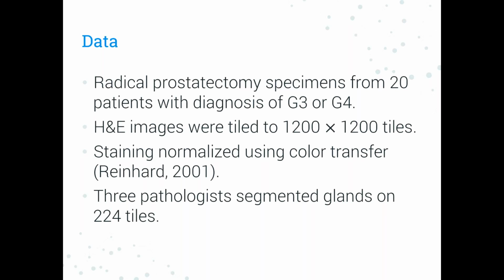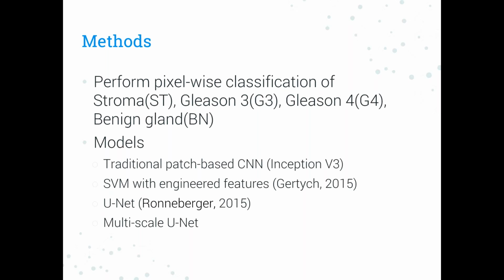Some are understained. On a slide that's been sitting around for a few years, the stain might fade as well. So we do stain normalization using a color transfer process. And then 3 pathologists segmented the glands on 224 of these 1200 by 1200 tiles. And you'll see what that looks like in a few slides.